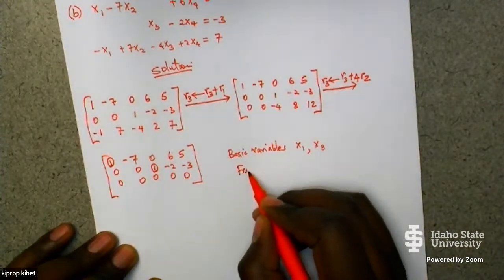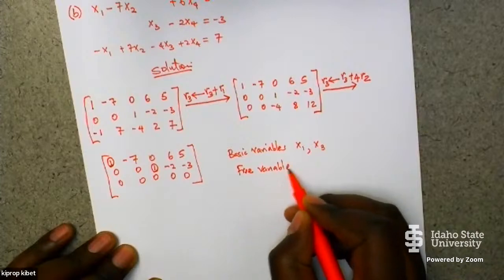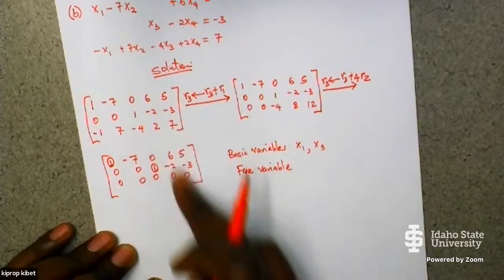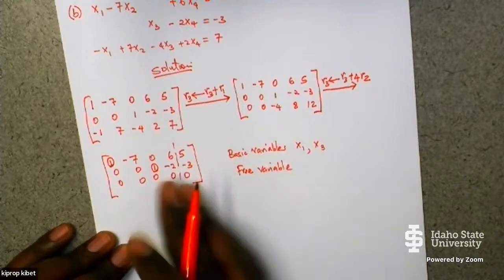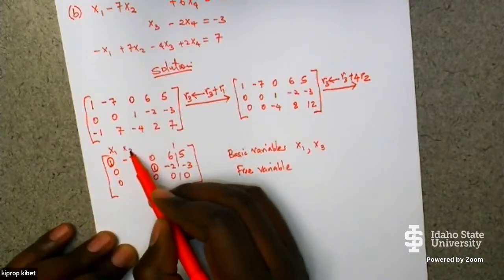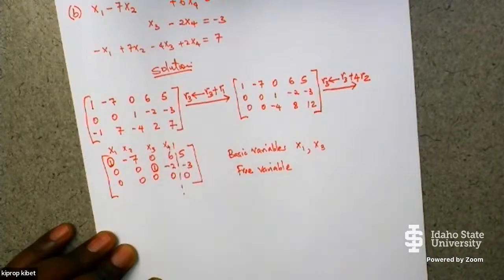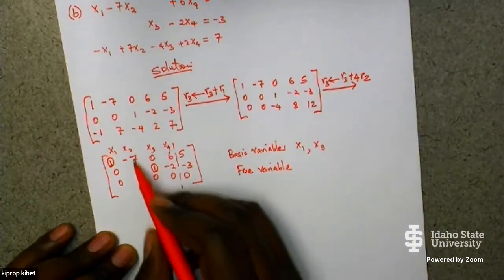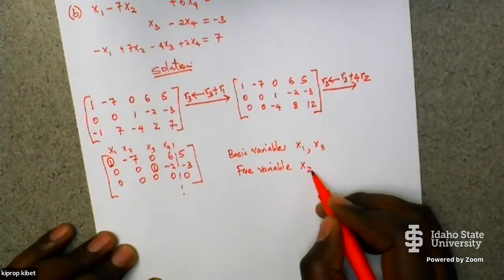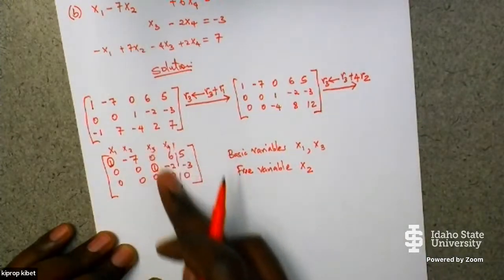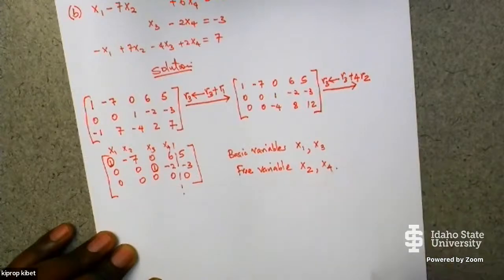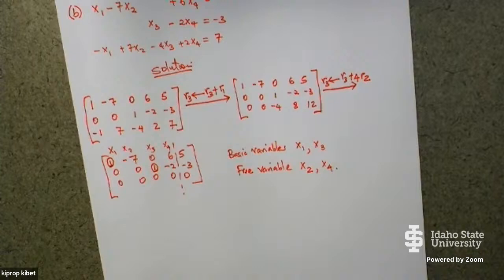Our free variables will be the columns with no pivot, so this is x1, x2, x3, and x4. In this case, our free variables are x2 and x4. So that's the basic variable, and the free variable.